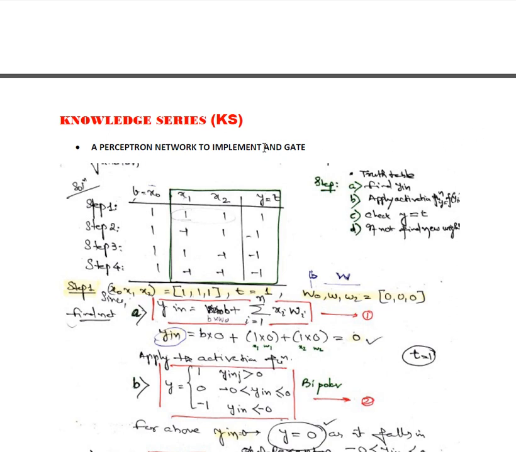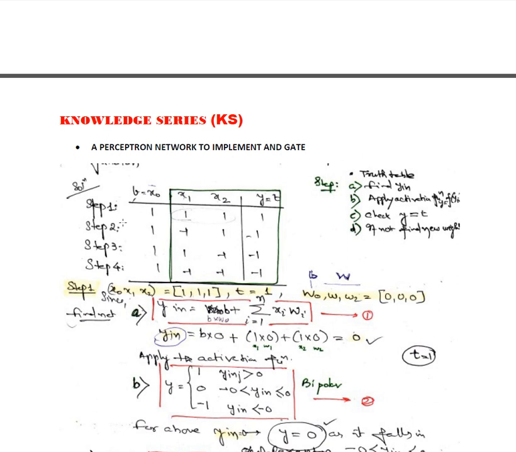Gates. Now here, given a perceptron network to be implemented for the AND gate using a binary input or a binary sigmoidal input. You know the binary sigmoidal input has a range between -1, 0 and +1.